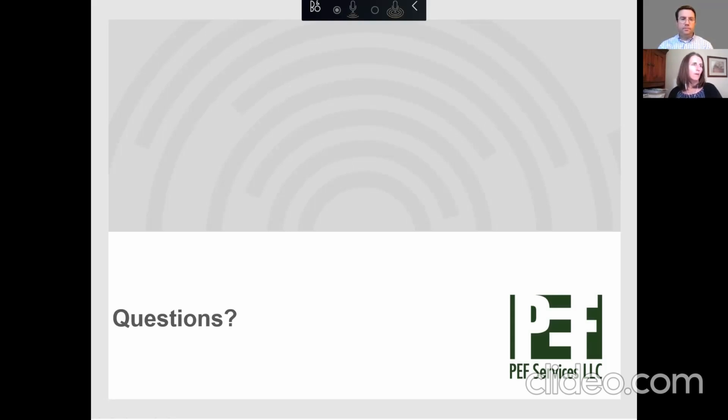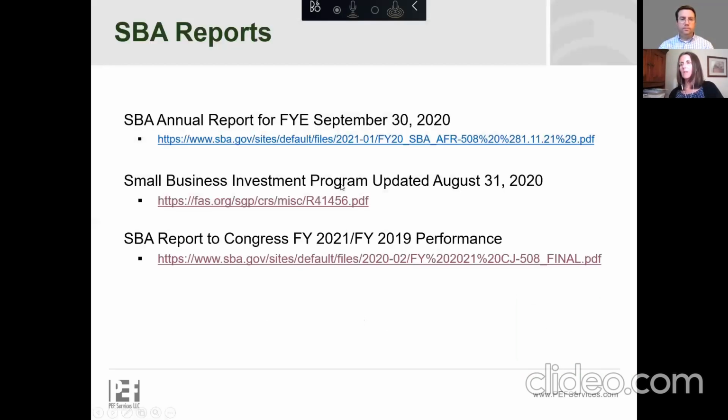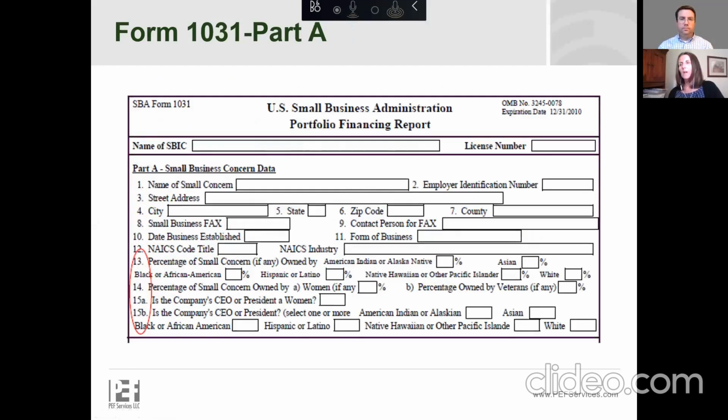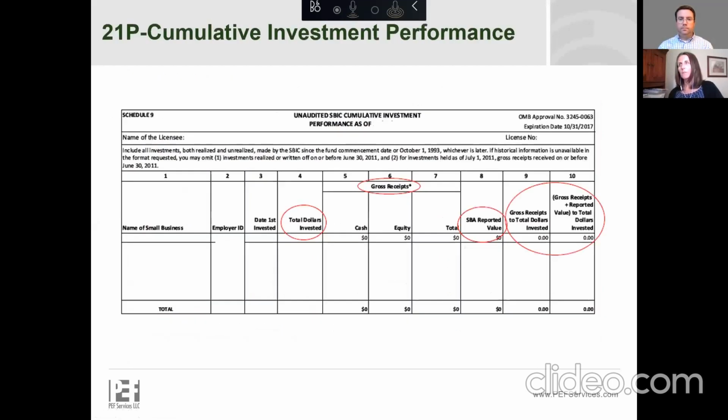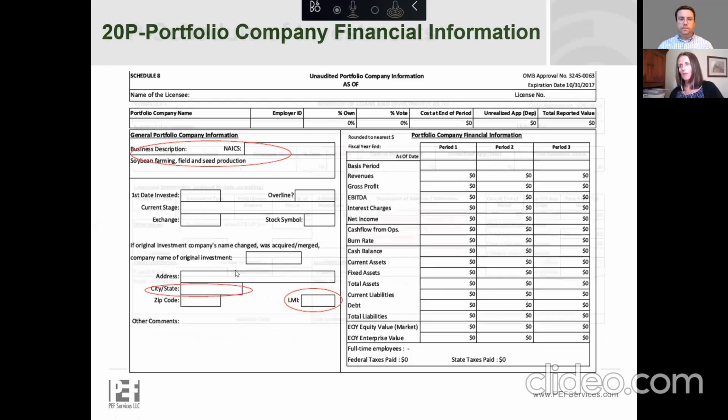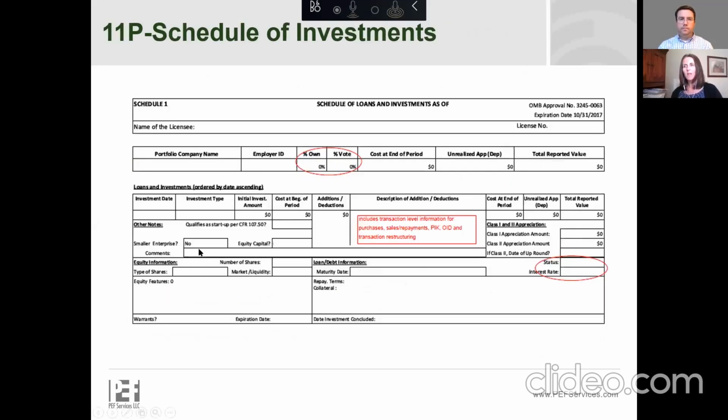So the 1081 depends how descriptive the fund manager is, but typically in the comments here, it will say if it's a senior secured first lien term loan, it'll say what kind of debt it is. But again, this is a free form field, so it's not like a drop down menu that they have to pick from, whether it's a revolver, things like that.